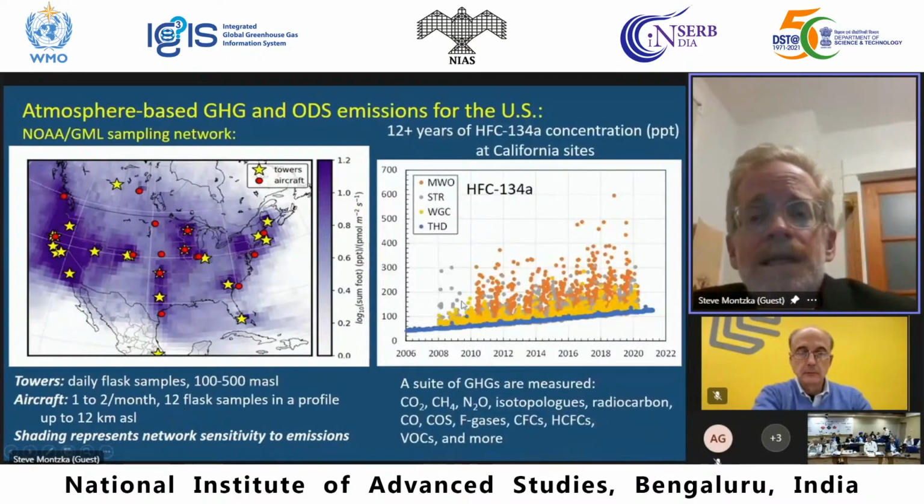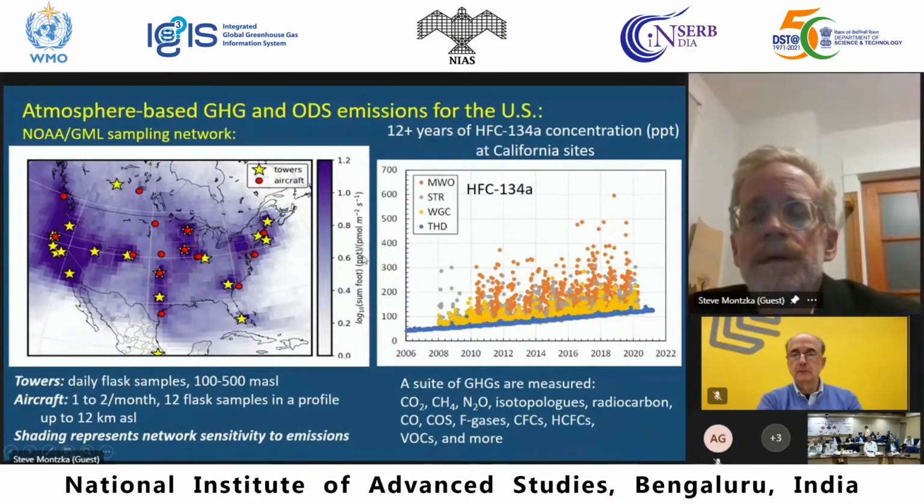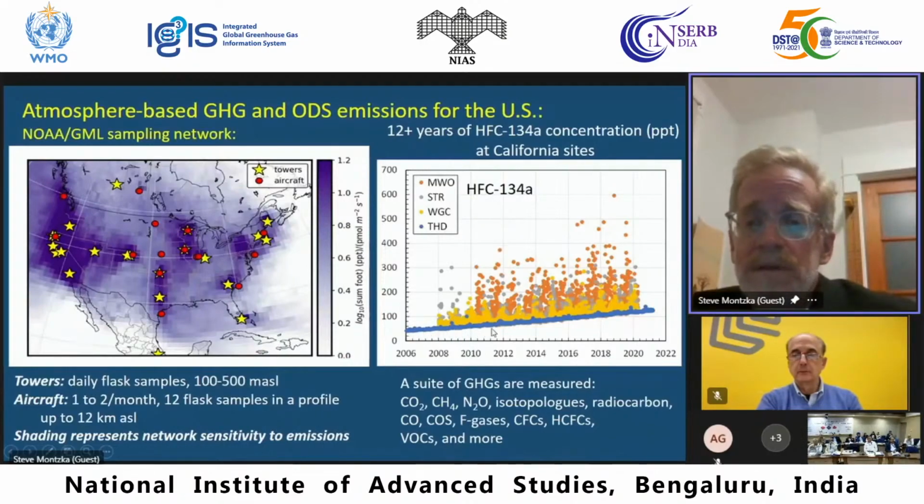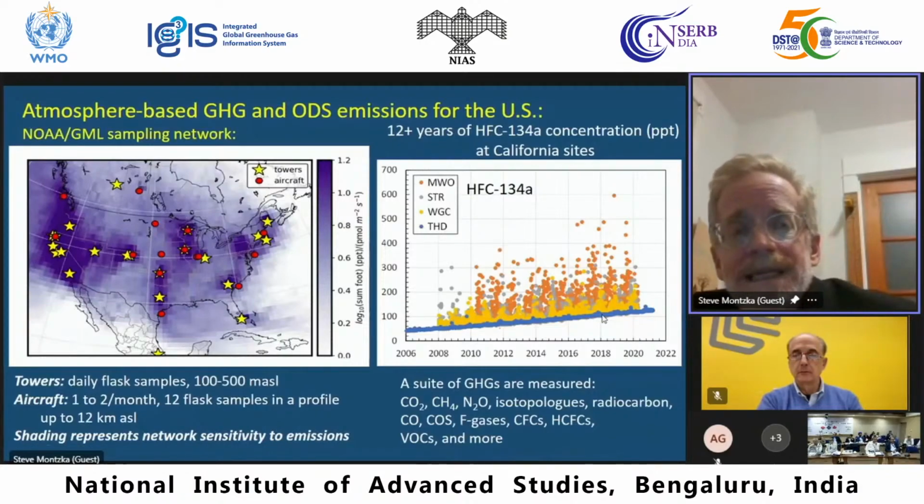And here I've shown just an example of the results for hydrofluorocarbon 134a from a number of sites in California. This is 12 years worth of measurements of this chemical where, from the westernmost site, we see fairly consistent measurements from one sample to the next because this site is receiving wind from the west, from the fetch over the ocean, where there aren't emissions.